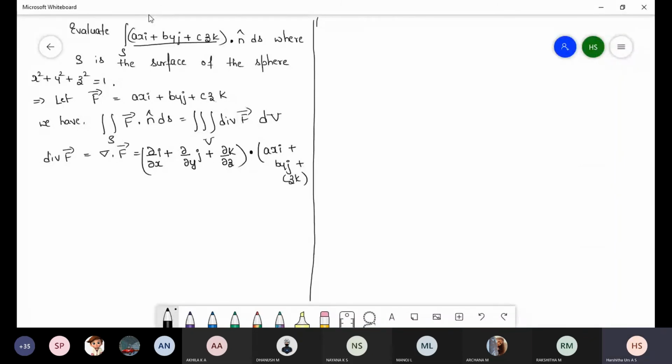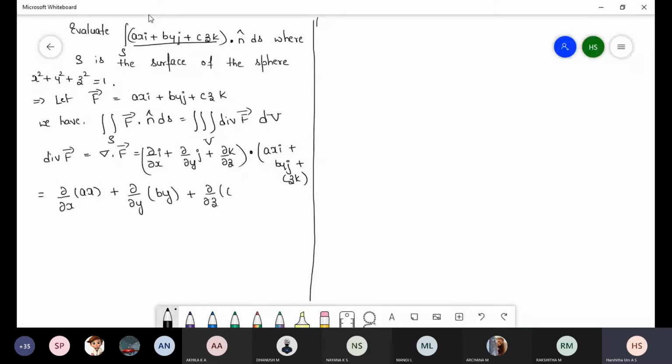So here dou by dou x of aX, because i dot i is 1, plus dou by dou y of bY, because j dot j is 1, plus dou by dou z of cZ, because k dot k is 1.